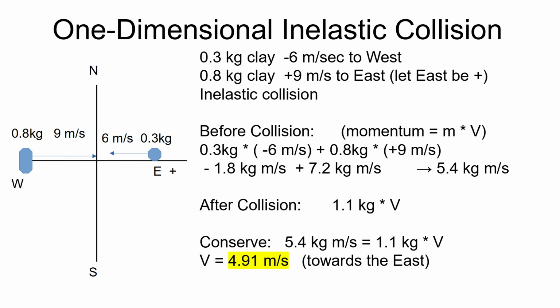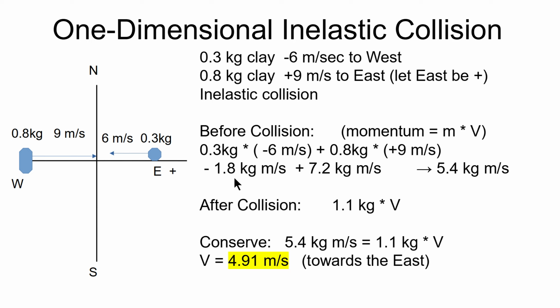Well, what do we have for a velocity? Because momentum is conserved, we can create an equation calculating momentum before the collision and equating it to momentum after the collision. Before the collision, there are two objects. The smaller clay has a negative 6 meters per second for its velocity. It's important you carry that minus sign along the calculation.